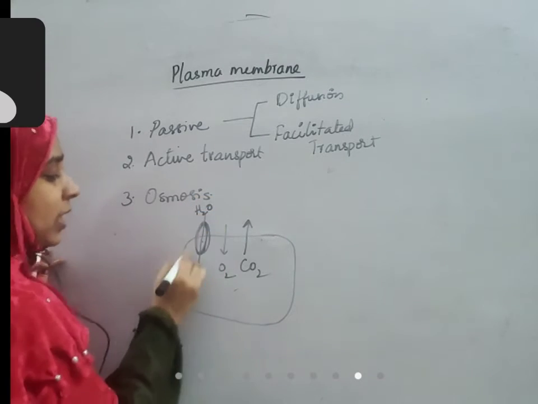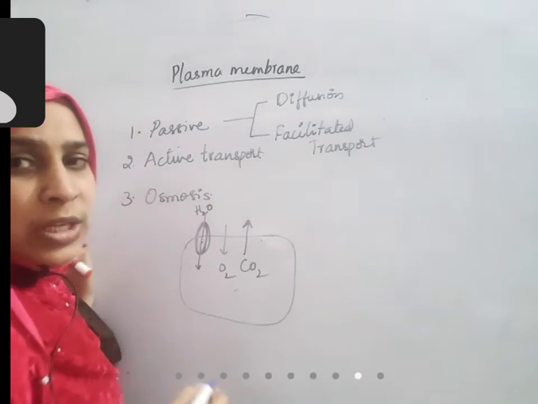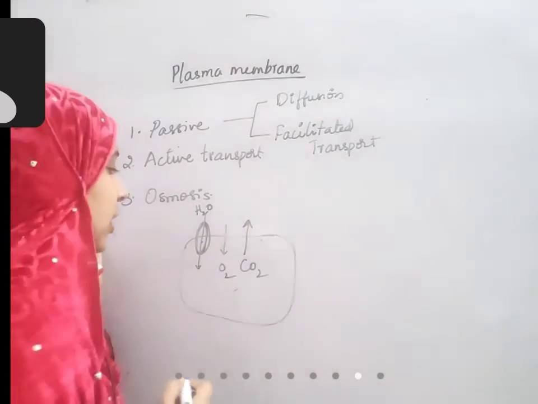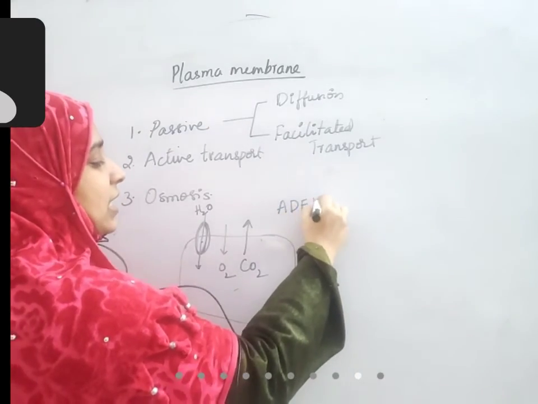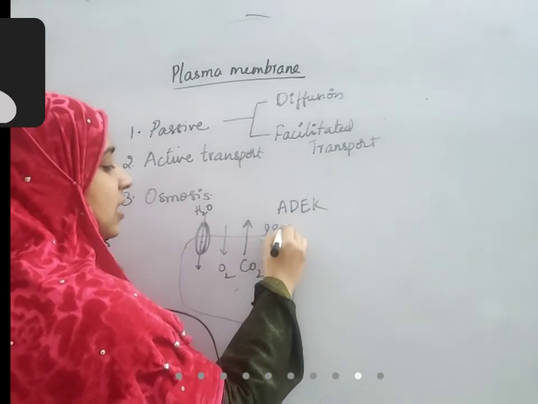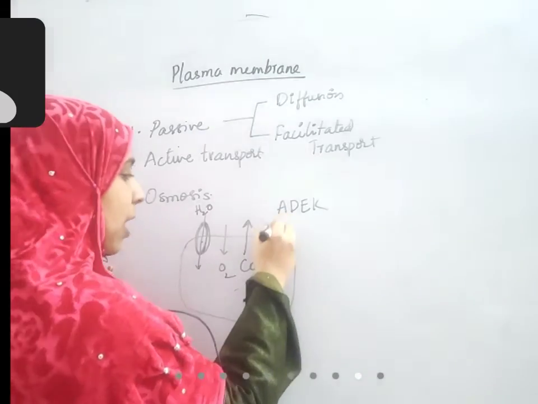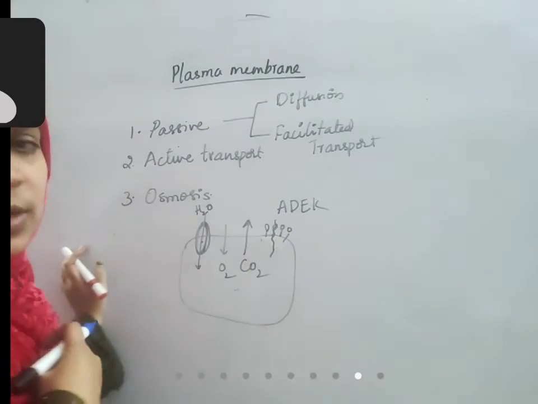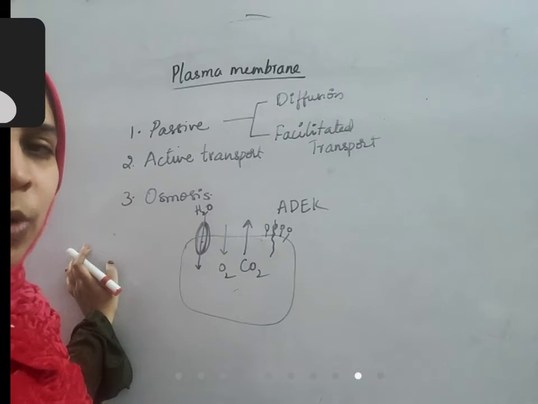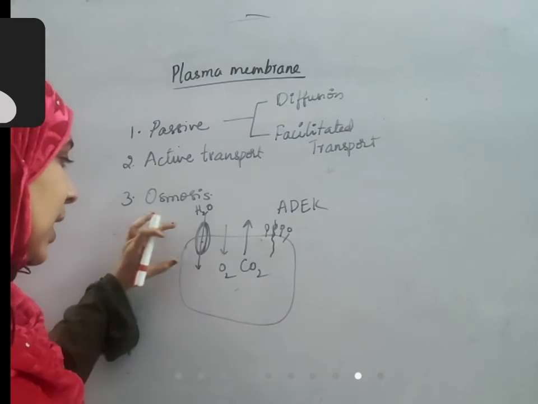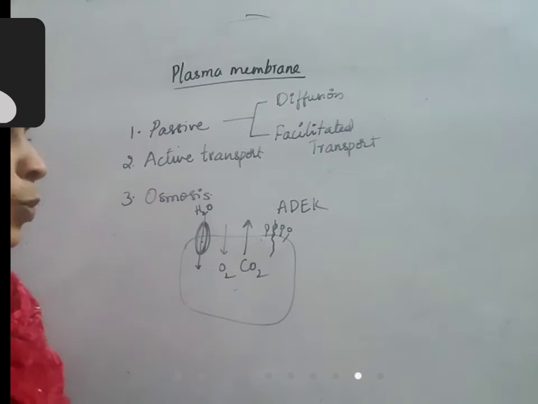This type of movement is facilitated by the protein. Take, for example, fat soluble vitamins A, D, E, K. Here fat layers are there, so they'll pass through these lipid molecules. Okay. So if it is taking the help of some molecules for passing, then it is facilitated transport.